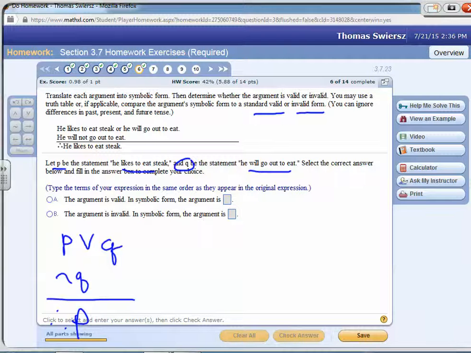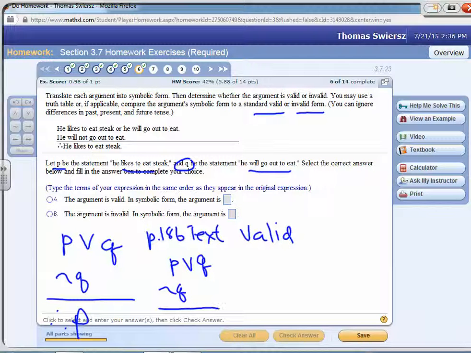Now again, on page 186 of the textbook, you have one of the 4 valid forms, I think it's the third one, the disjunctive reasoning. If you've got 2 statements, P or Q, and you've got the negation of either one, the second one in this case, therefore you can definitely conclude that the other one happened.